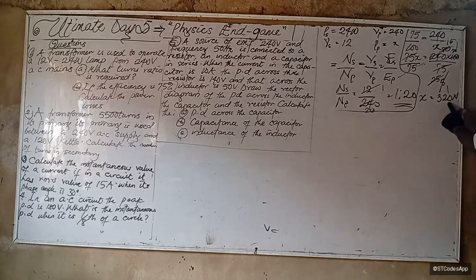That is the power input. Does this make sense? If 32 is the power input, how much is the loss?